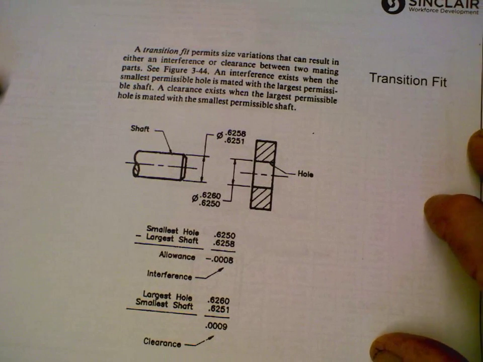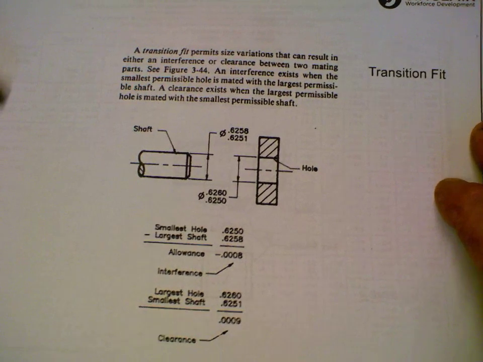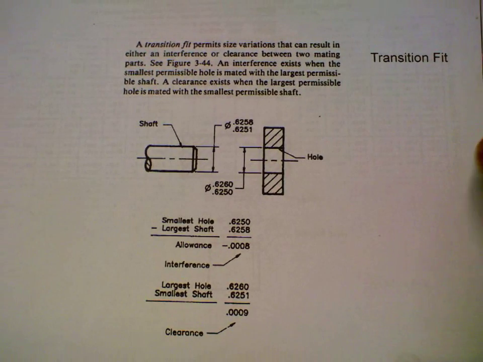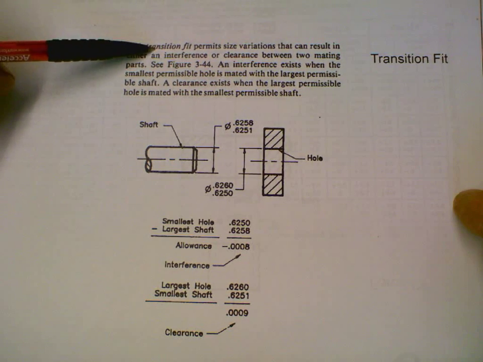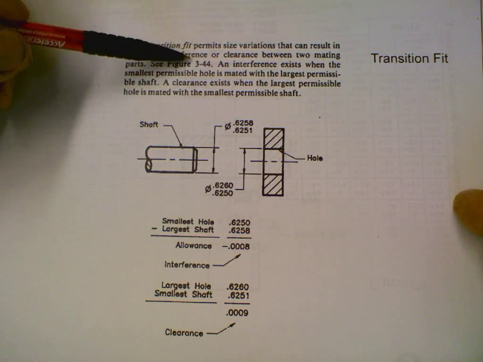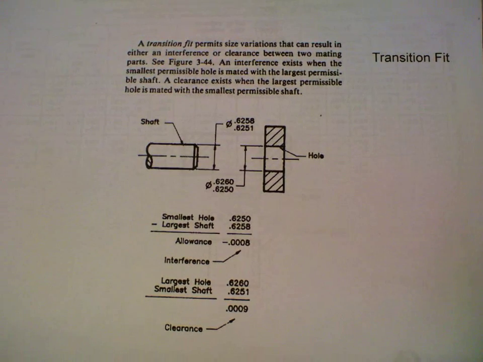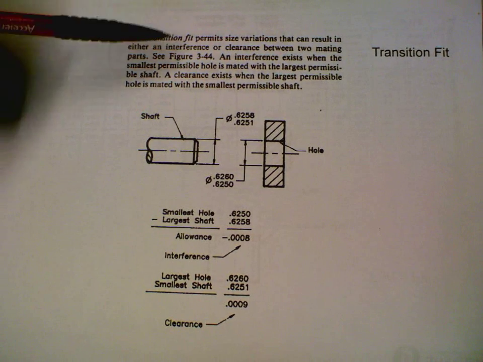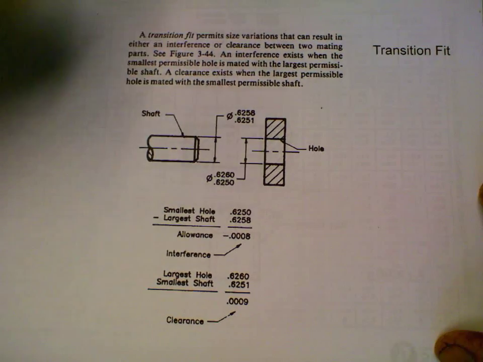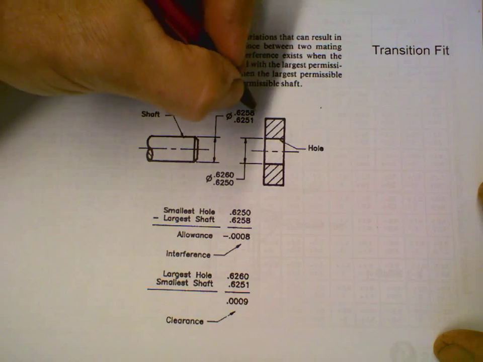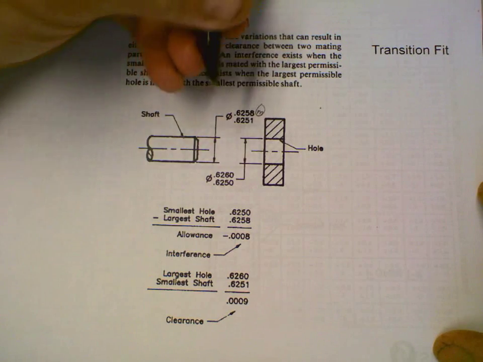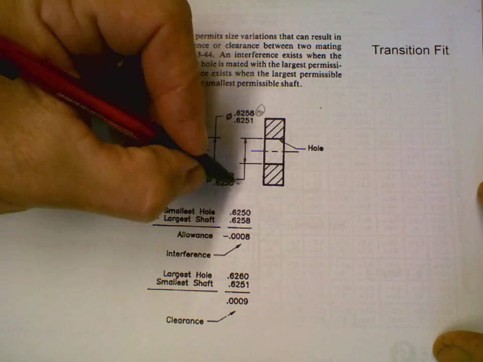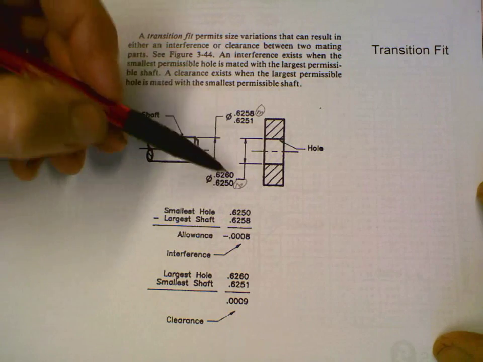And the last fit to look at is called the transition fit. This is again in your book. A transition fit can result in either interference or clearance based on how it's made. Again, you take the MMC, which would be the 6258M. Take the M here, the smaller. Compare them.